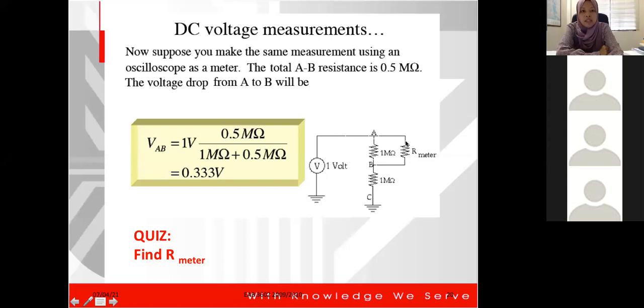What is the value of R meter here? Who can quickly calculate and let me know the answer? If you remember Ohm's law and the theory about how to calculate R, you should be able to answer this question.